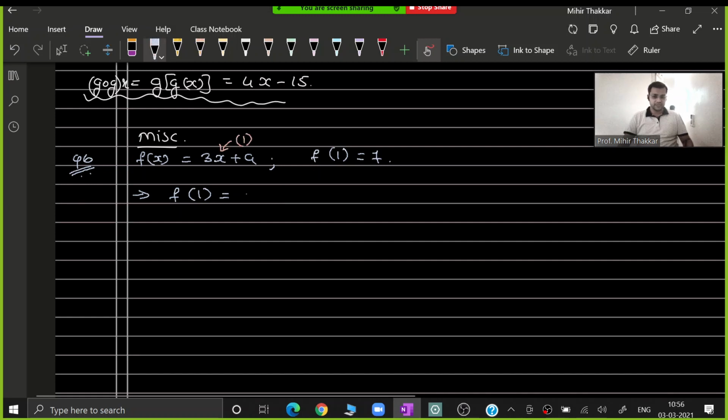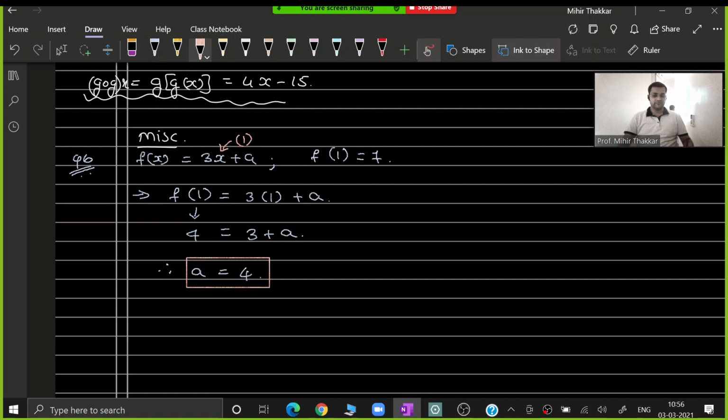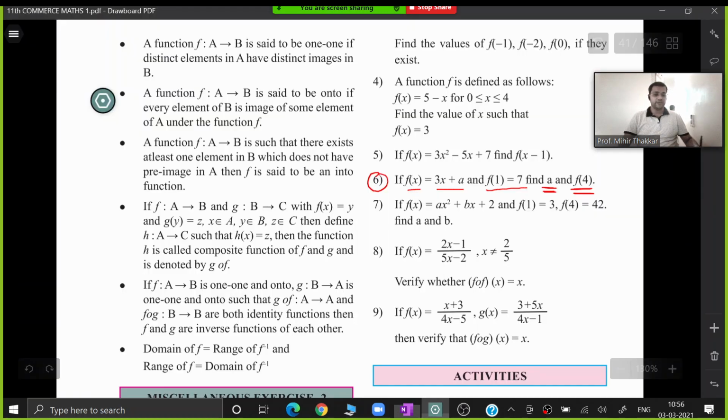Just replace x by 1 over here. So you will get the answer as 3 into 1 plus a. And over here, use the value 7. So 7 is equal to 3 plus a. Therefore, it's very simple to say that a is definitely equal to 4. So this is the way we have got the value of a first. After getting the value of a, we also need to calculate the value of f of 4.